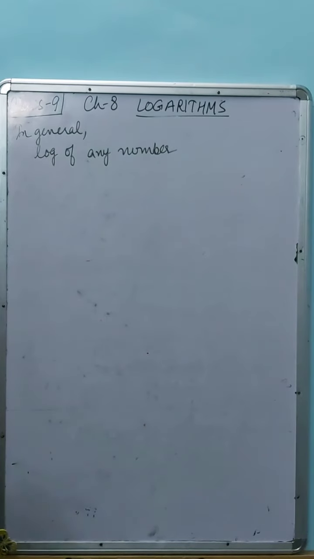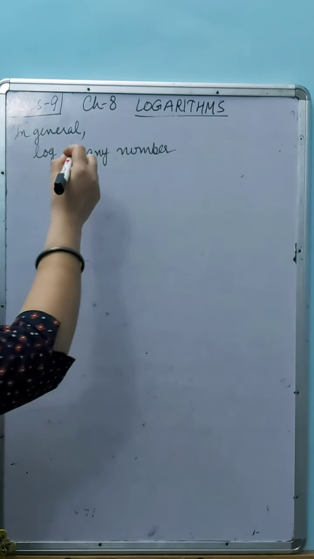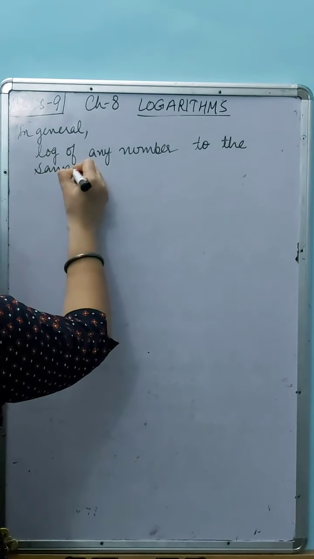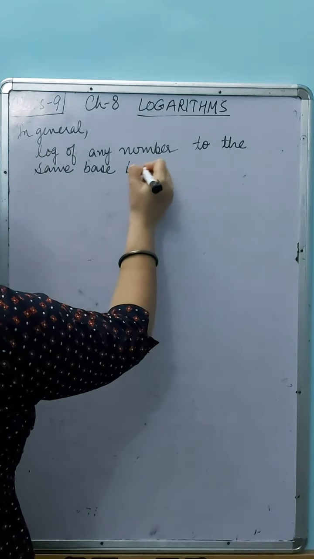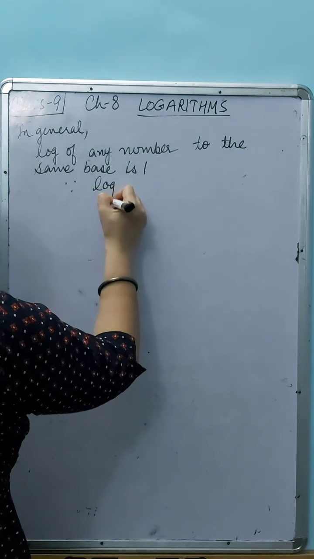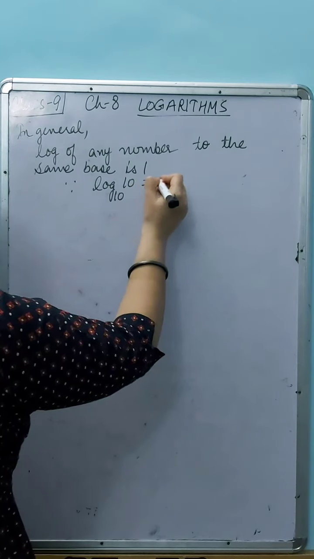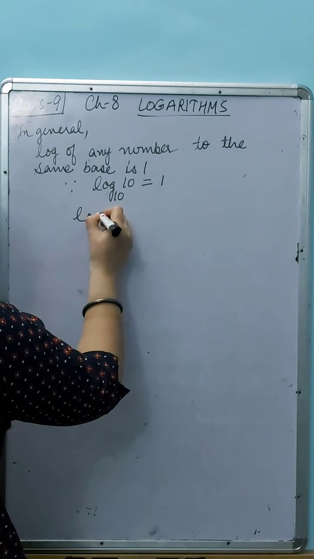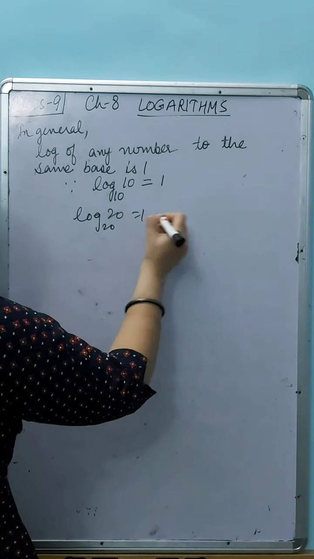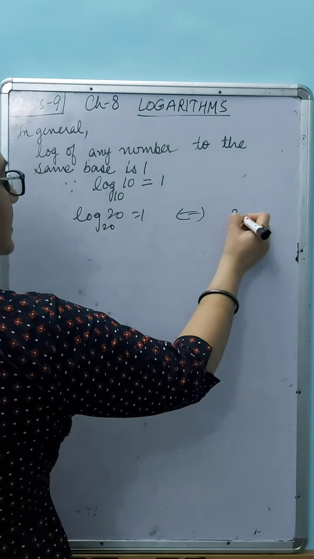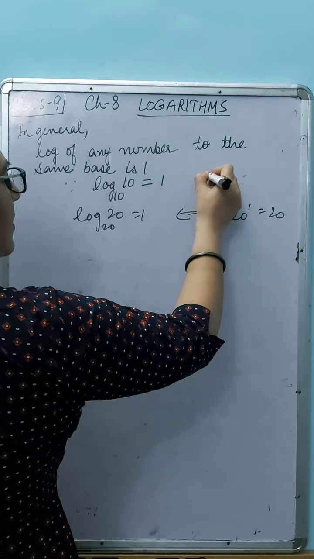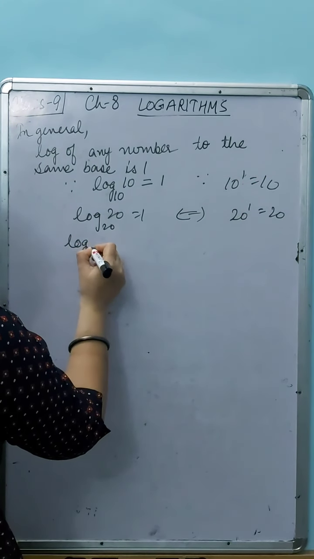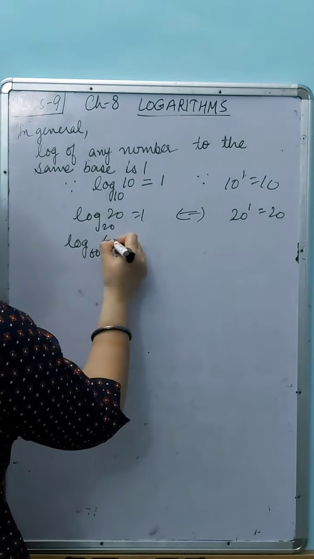So in general log of any number to the same base is 1, because log 10 to the base 10 is 1, log 20 to the base 20 is 1 because 20 raised to power 1 is 20, because 10 raised to power 1 is 10, log 60 to the base 60 is 1.